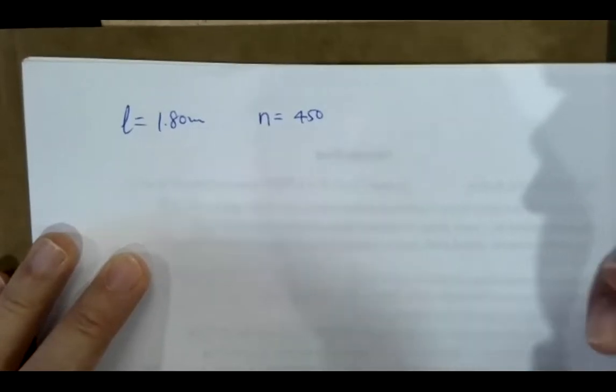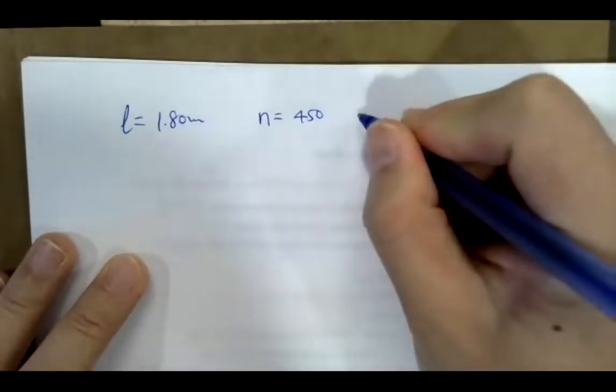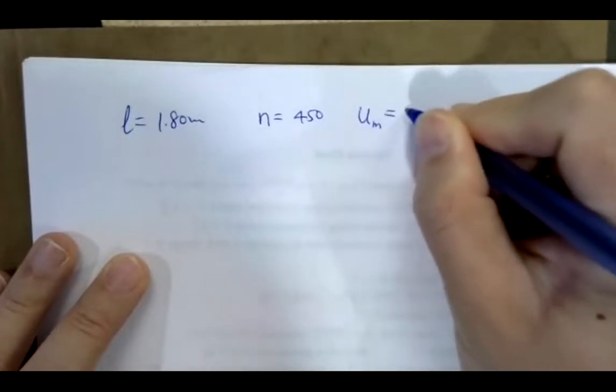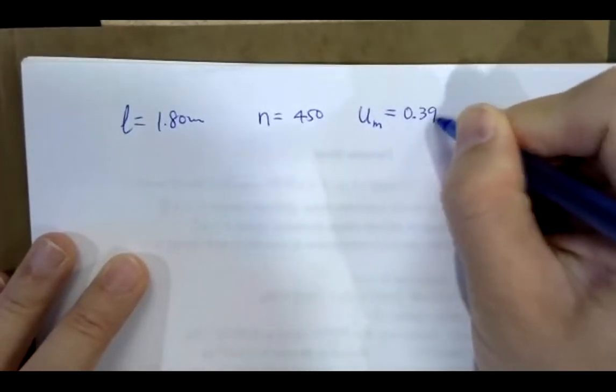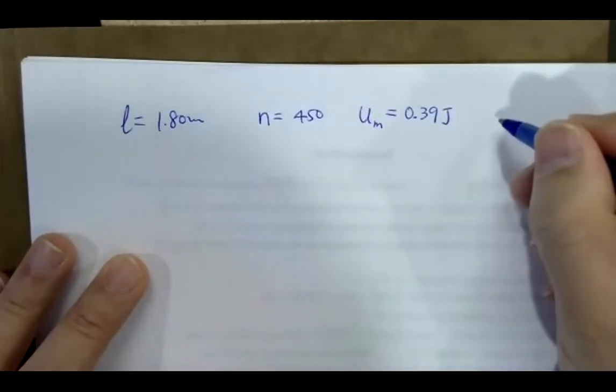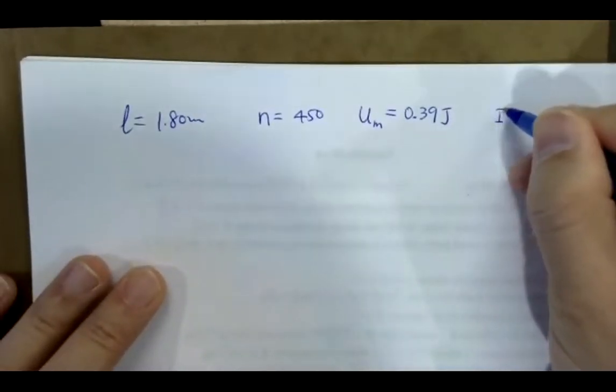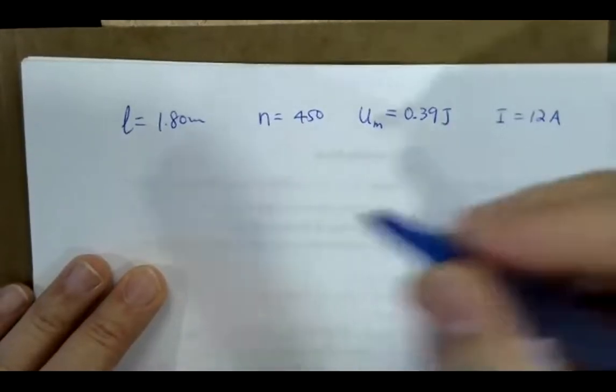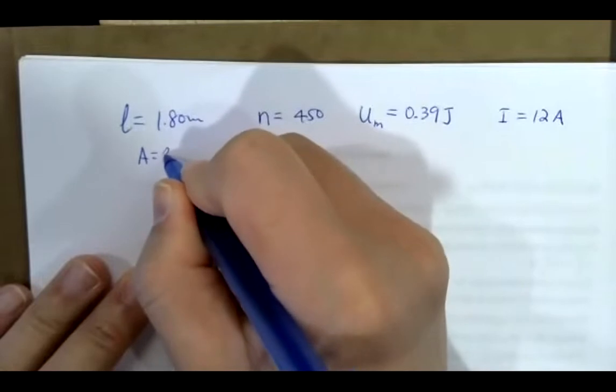It says the energy stored, U sub m, the magnetic energy, is 0.39 joules. It tells us the current is 12 amps and asks us to solve for the cross-sectional area.